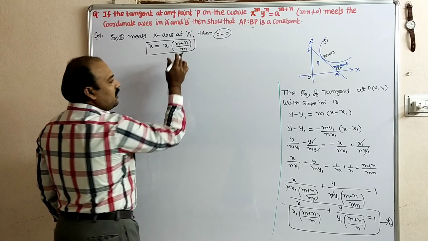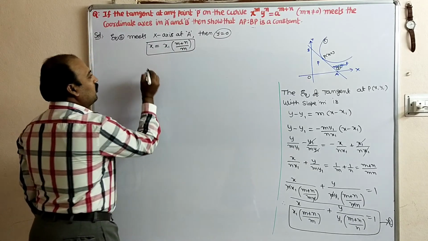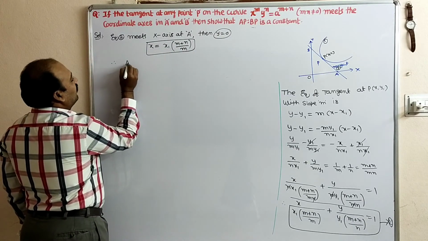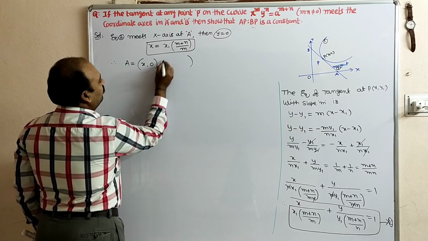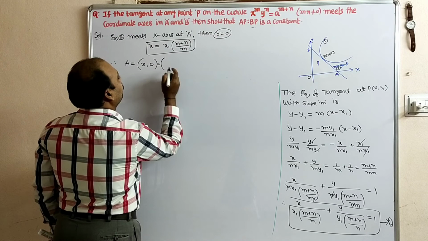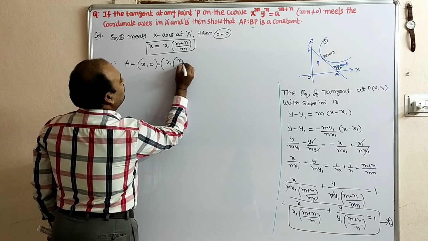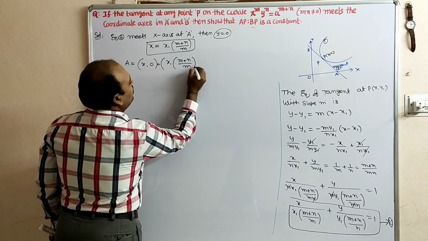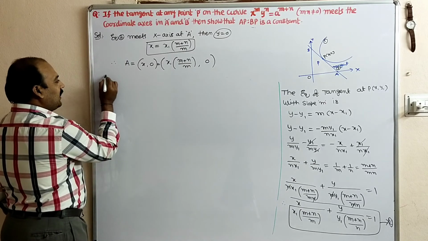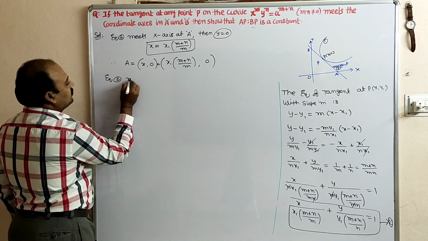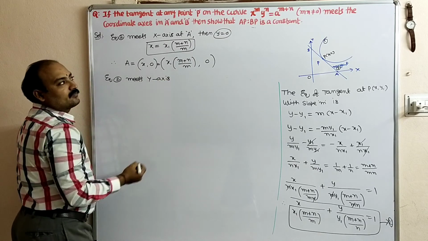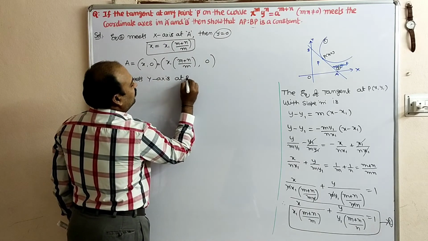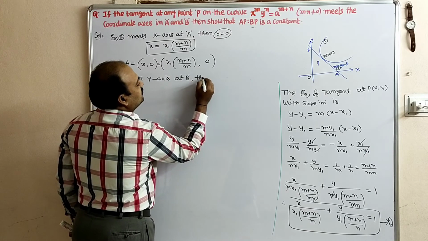The x value we got. Therefore, the coordinates of A equal to x comma 0, which is also equal to x1 (m plus n) divided by m comma 0. Similarly, equation 2 meets the y-axis at B, then x is equal to 0.